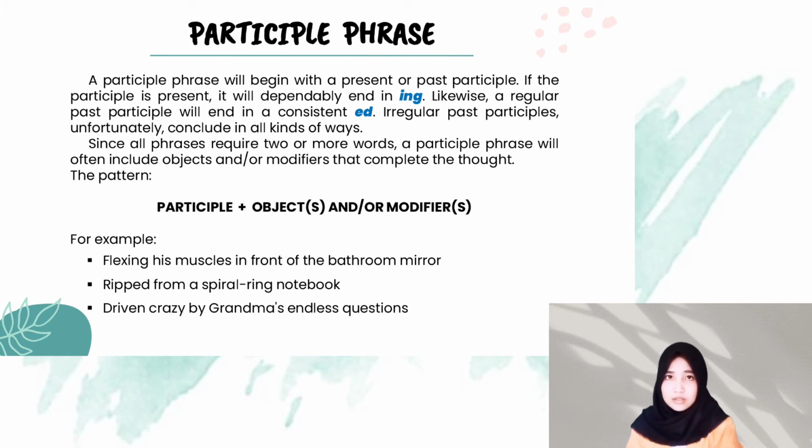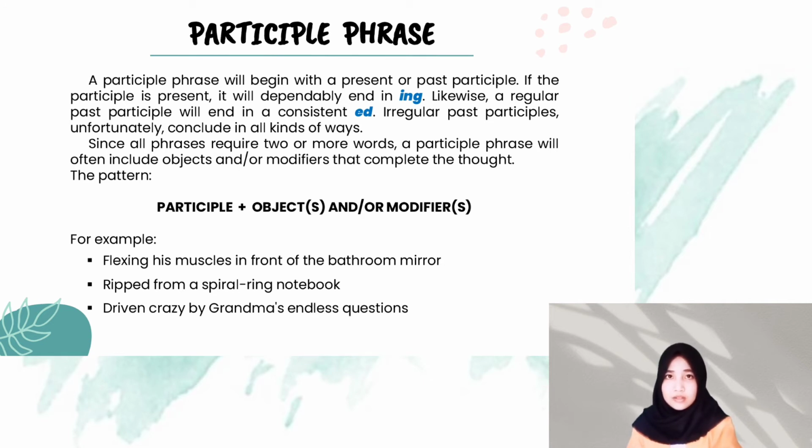Irregular past participles, unfortunately, conclude in all kinds of ways. Since all phrases require two or more words, a participle phrase will often include objects and/or modifiers that complete the thought. The pattern is participle plus objects and/or modifiers.